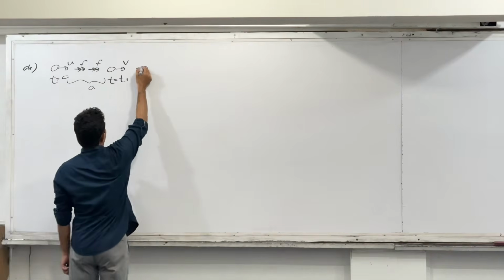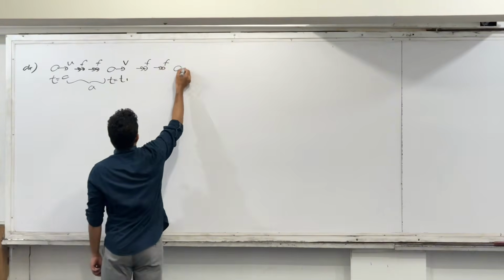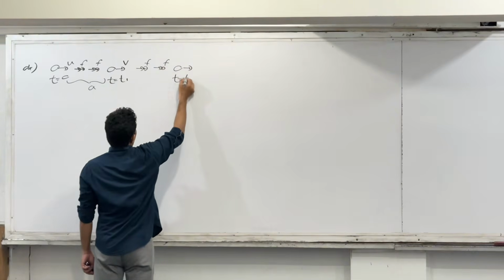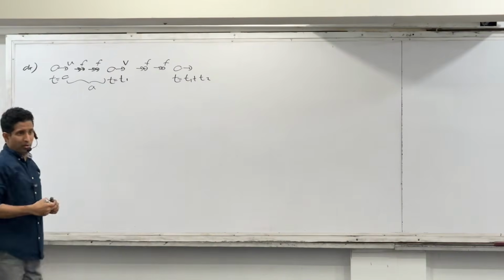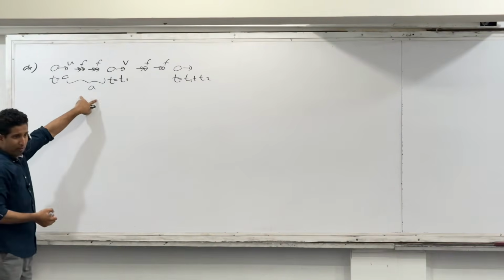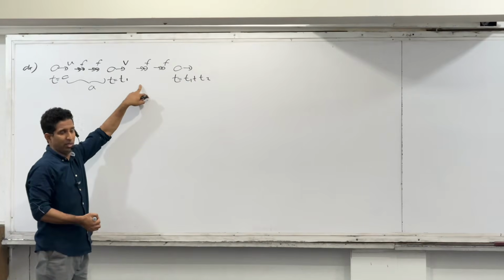Now again it accelerates, and when the time is t1 plus t2, only the next t2 time has passed. Here the time taken is t1, and here the time taken is t2. I think you all can understand.